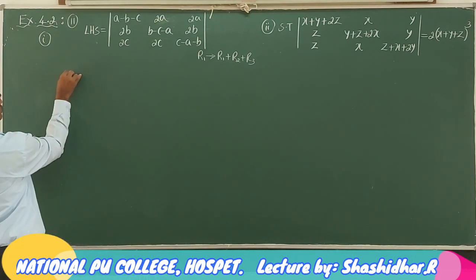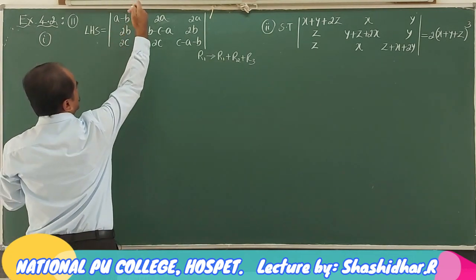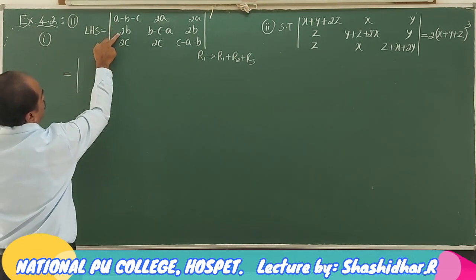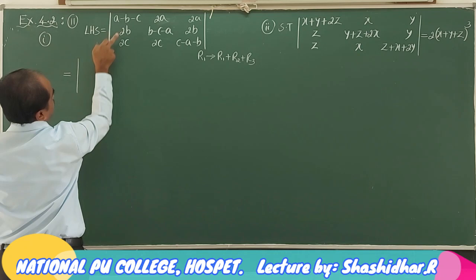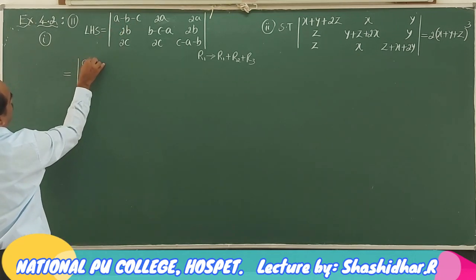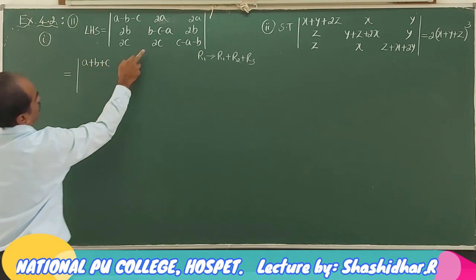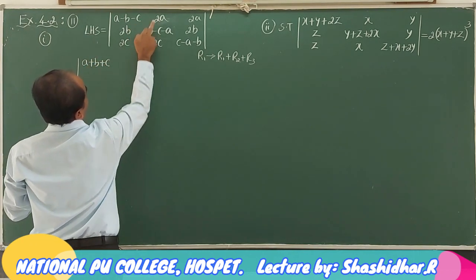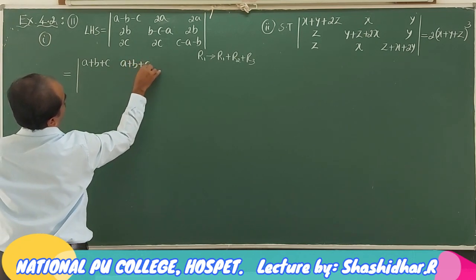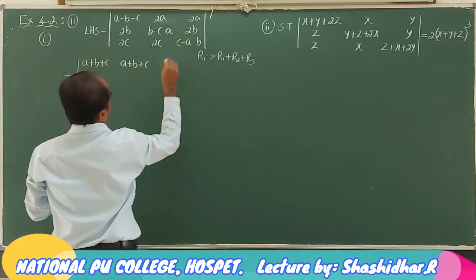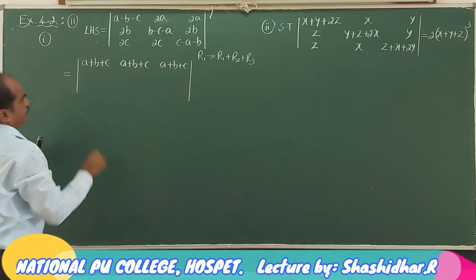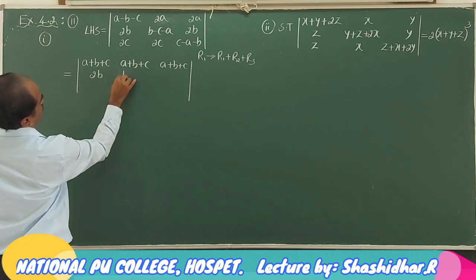I am adding second row and third row elements to the corresponding first row elements. When I add 2b to this, it becomes plus b. When I add 2c to this, it becomes plus c. So you are going to get a plus b plus c. Adding 2c and 2a to this in the first row, you again get a plus b plus c. Again, by adding these 3 elements, you get a plus b plus c. Write the second and third rows as they are.